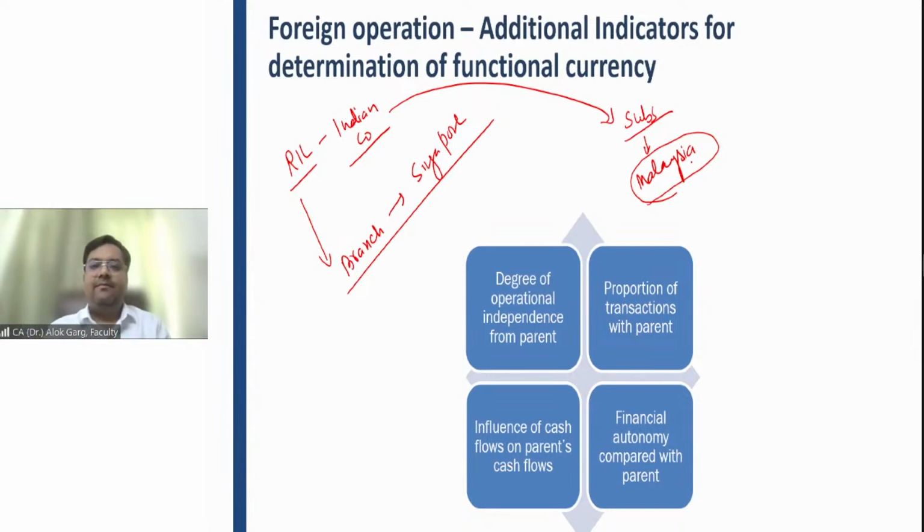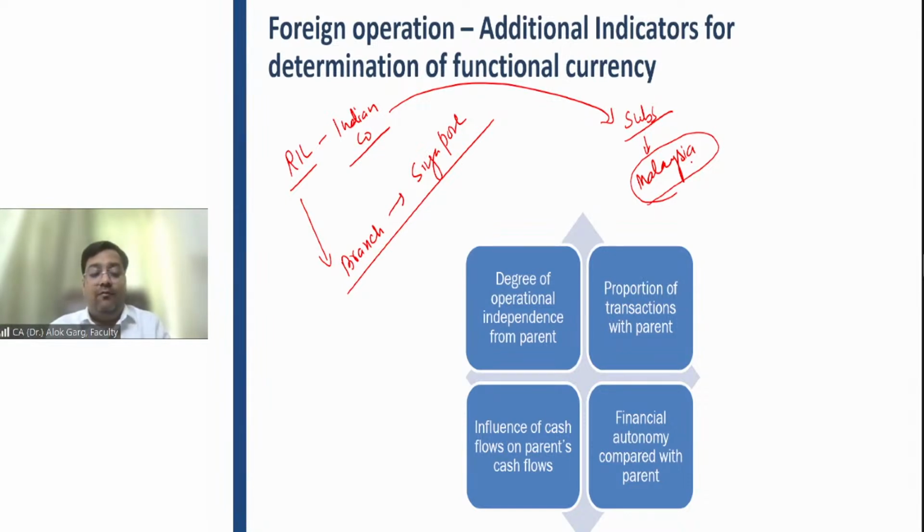The standard says that, first of all, of course, for identifying a functional currency, you need to look at the primary indicator and secondary indicator. But for these foreign operations, you need to look at some additional factors as well. What are the additional factors? Number one, the degree of operational independence from the parent, right?